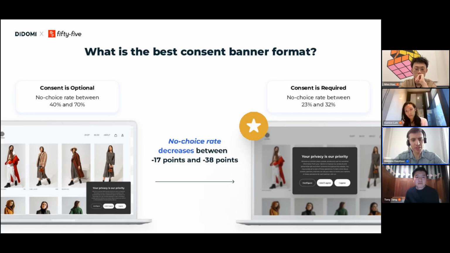When consent is optional, we see a no choice rate between 40 to 70%, meaning that before counting the number of people who say yes, you have already lost between 40 and 70% of your data.